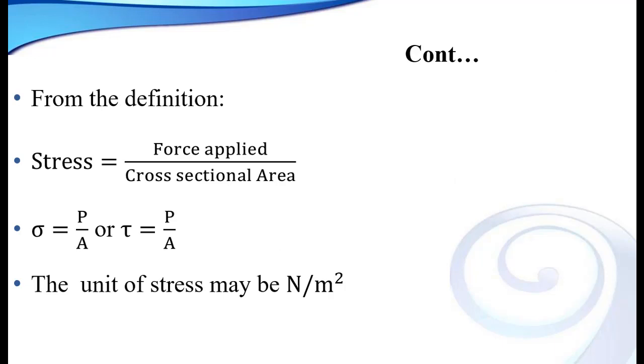So from the definition we can define stress as force applied over cross-sectional area. That is sigma is equal to P over A, or tau is equal to P over A. And the units may be newtons per square meter, or pascals, or kilonewtons per square millimeters, and so forth.